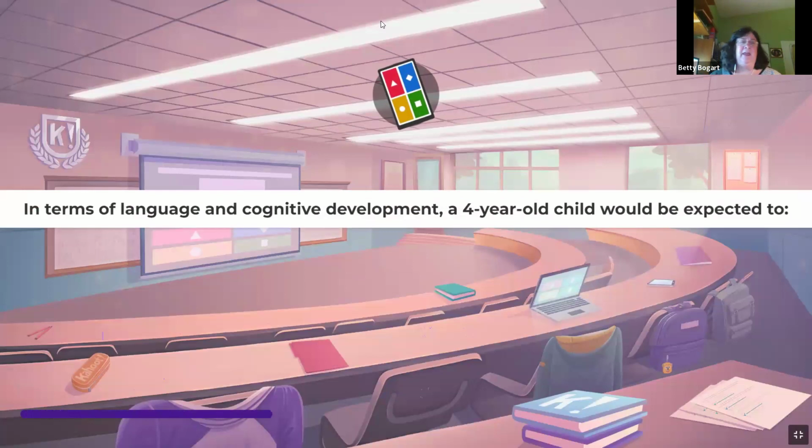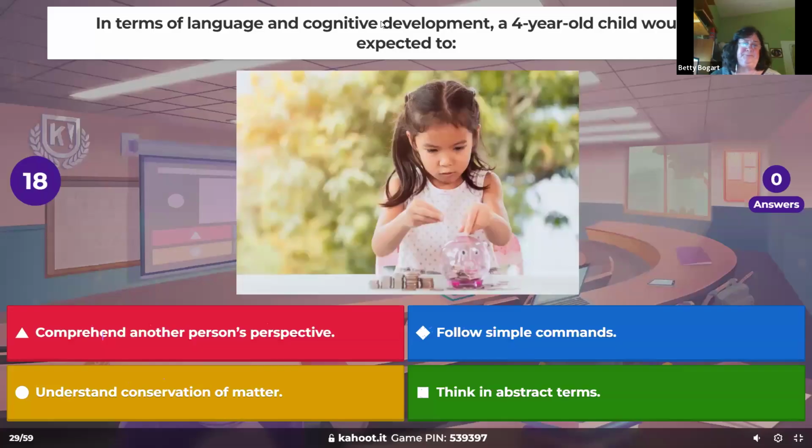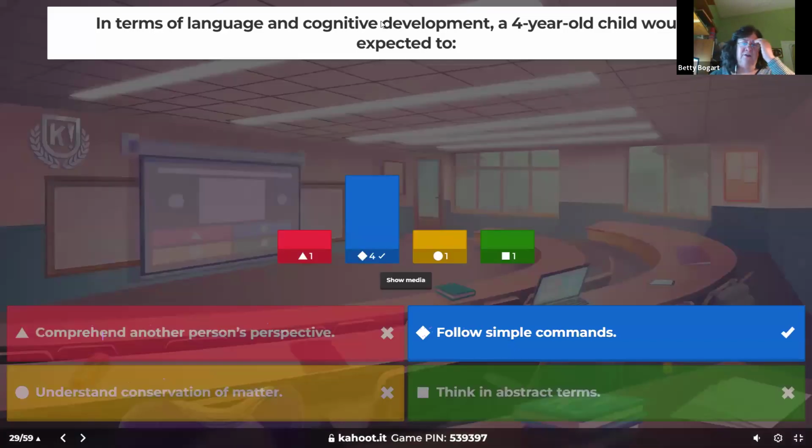In terms of language and cognitive development, what would a 4-year-old child be expected to do? The understanding, their cognition, what do they know? This is your preschooler. They don't understand anything but following a command.